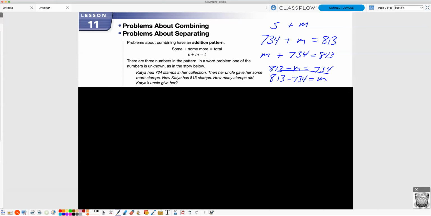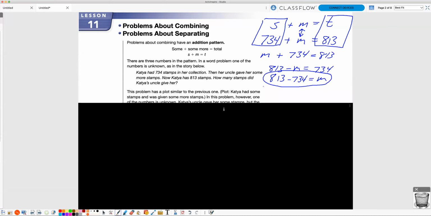And this is the only one that will get us how many she had gotten from her uncle. So she had some, she got some more, and it resulted in a total. Now we know, because we knew what the total was in the end, we just didn't know what the sum more was going to be. So that's the unknown. Now we can figure it out by using that equation.